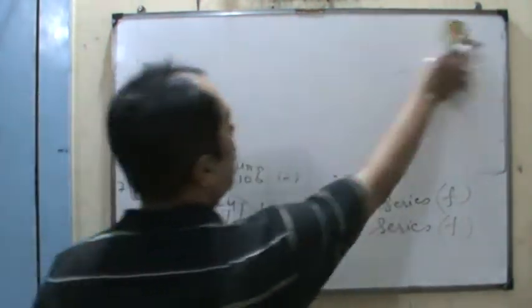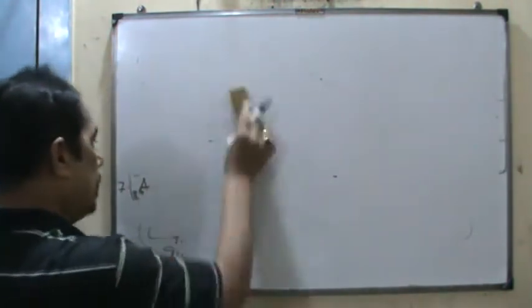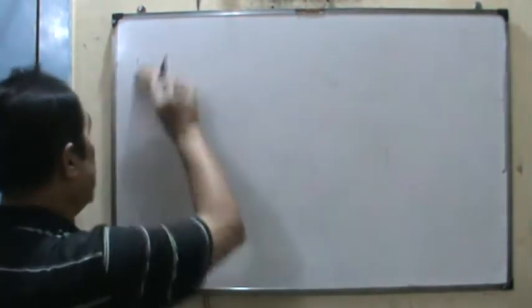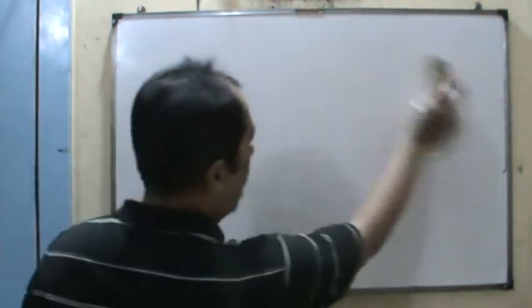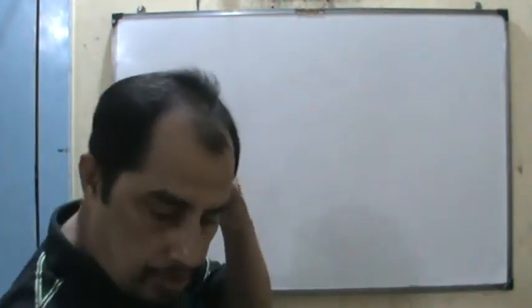And the last is the F block elements. Here you only need to know the general information about the F block and the outer electronic configuration formula.